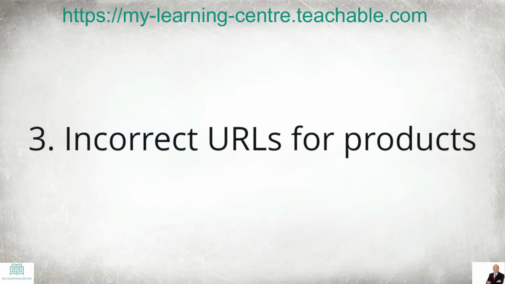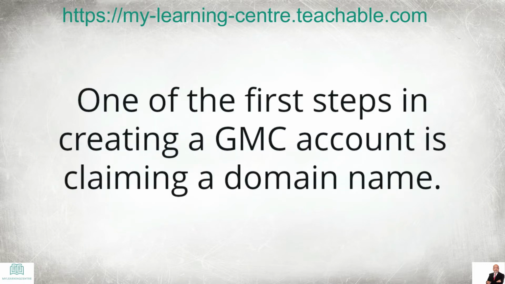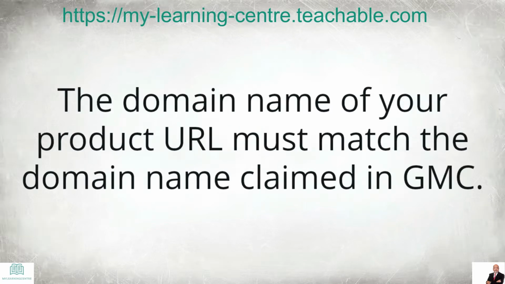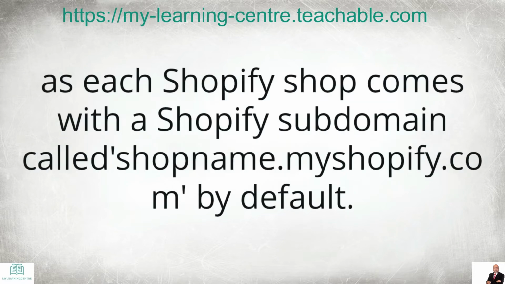3. Incorrect URLs for products. This happens frequently. One of the first steps in creating a GMC account is claiming a domain name. The domain name of your product URL must match the domain name claimed in GMC. The mismatch is most noticeable among Shopify users, as each Shopify shop comes with a Shopify subdomain called shopname.myshopify.com by default.